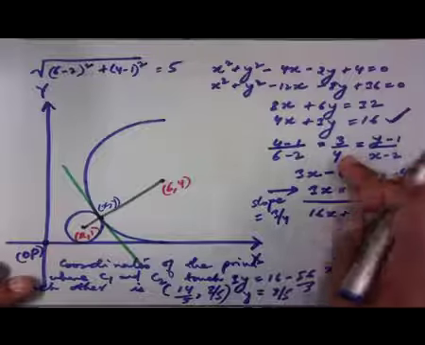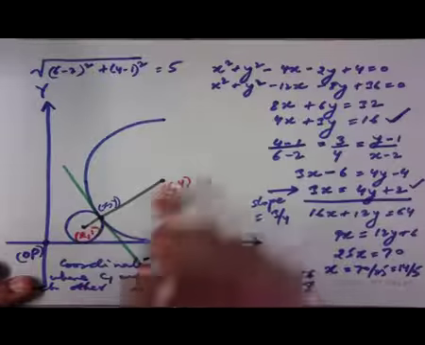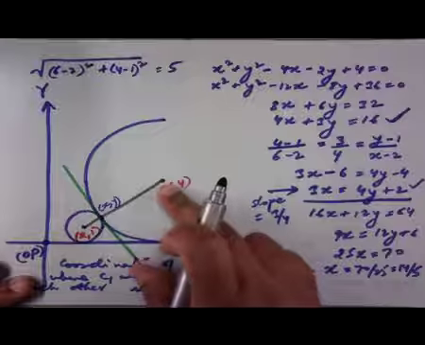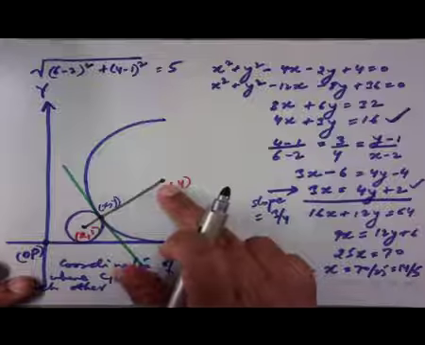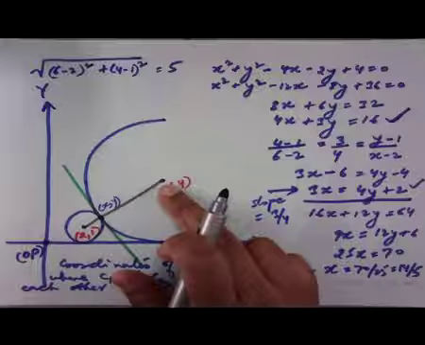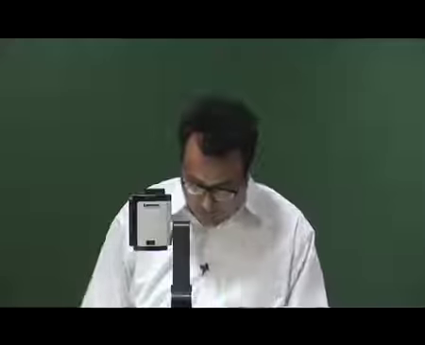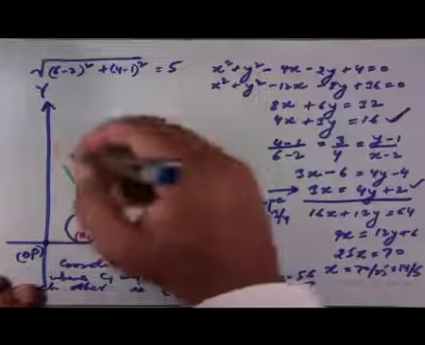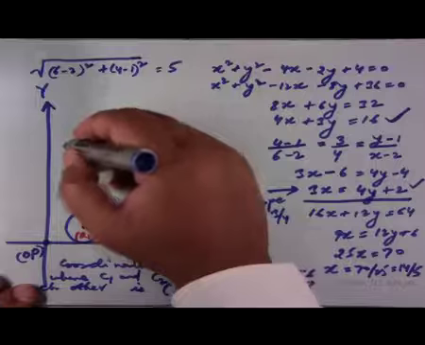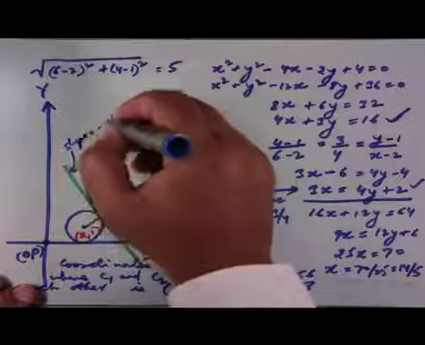Now, the slope of the line perpendicular to this line joining the centers will be minus 4 by 3, because we know that the product of the slopes of two perpendicular lines is minus 1. So, therefore, the slope of this must be minus 4 by 3.